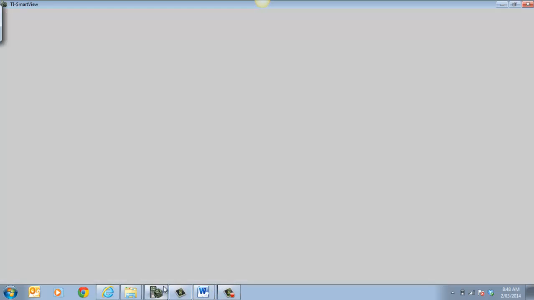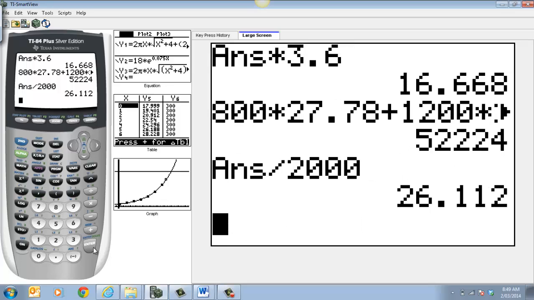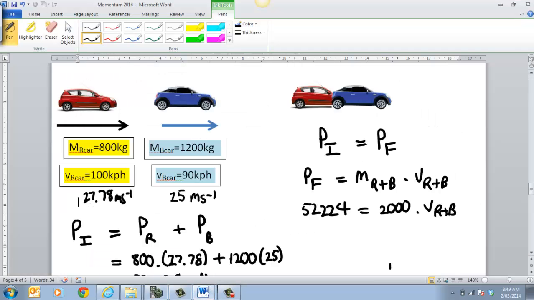So if I go back to my calculator, divide that by 2,000, that will give me a speed of 26.11. So the velocity of red plus blue is equal to 26.11 metres per second.